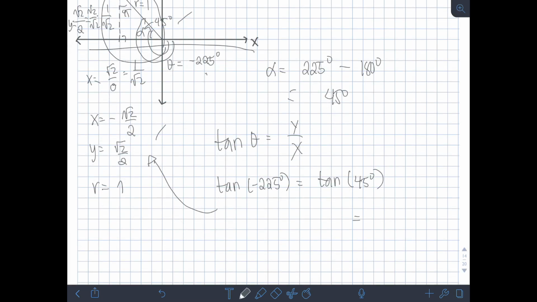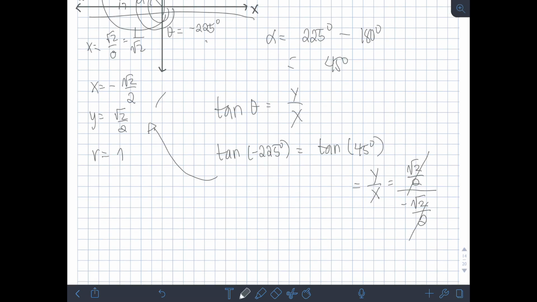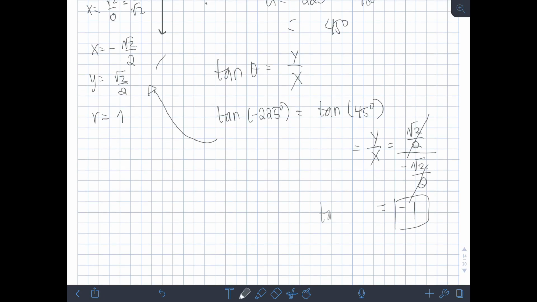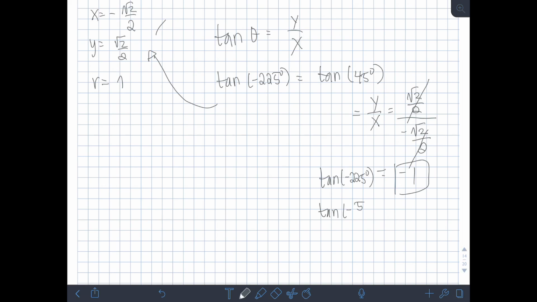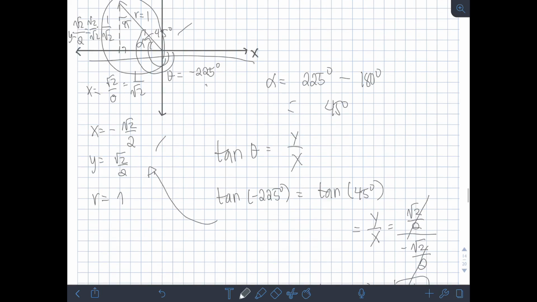So, we have tangent 45 degree is equal to y over x, right? So, ano yung y natin? Square root of 2 over 2 over, ano yung x natin? Negative square root of 2 over 2. So, parang cancel lang sila. It is equal to negative 1. So, therefore, tan negative 225 degree is equal to negative 1. Or, simply, tan negative 5 pi over 4, yung given natin, is equal to negative 1.